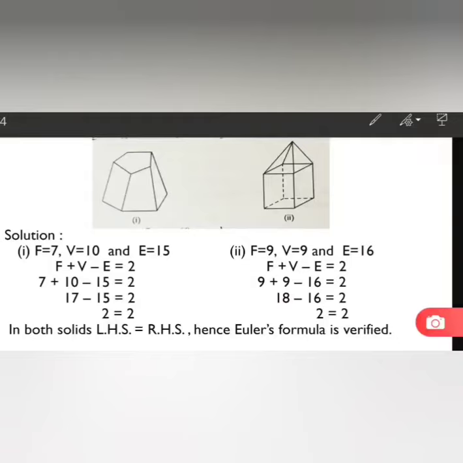We already know that a cuboid has 6 faces, but on the cuboid a rectangular pyramid is kept. So a cuboid mounted with a rectangular pyramid is given.